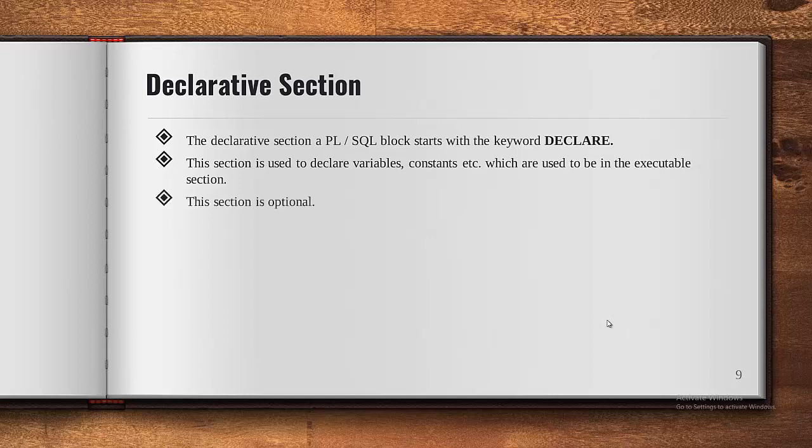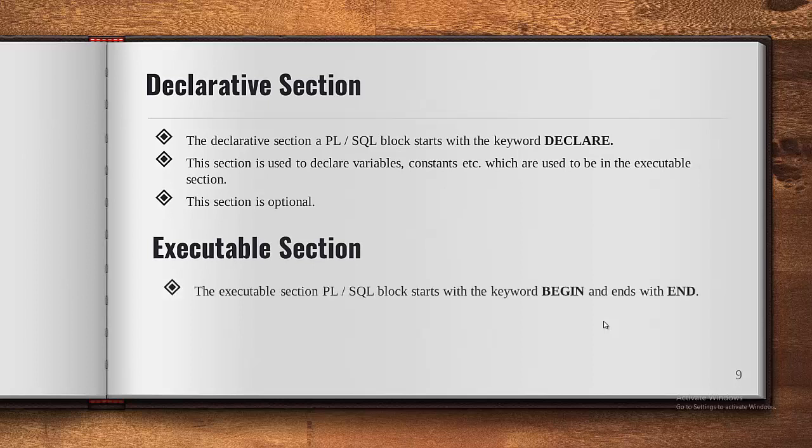This section is optional. Sometimes in our PLSQL program we need not declare a variable. If the user requires a variable, he can declare it using the declare keyword, or else it is not necessary.